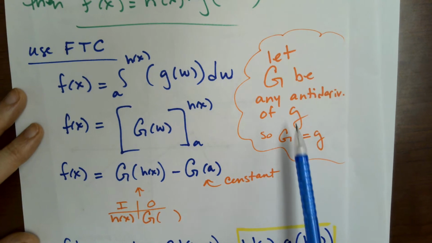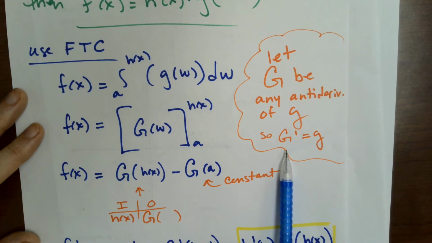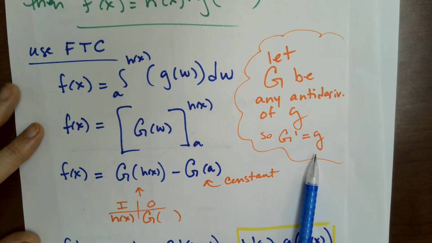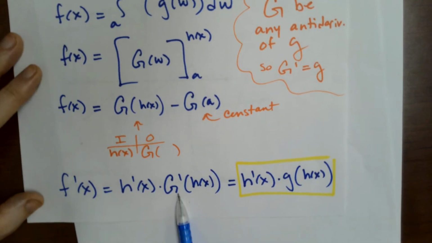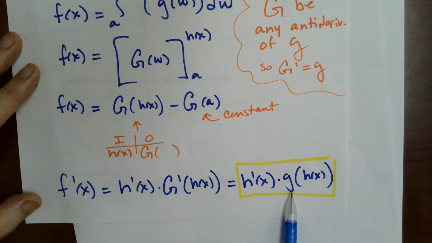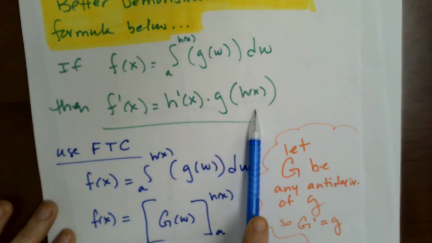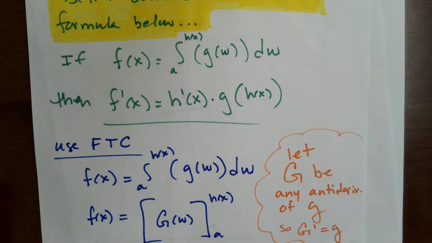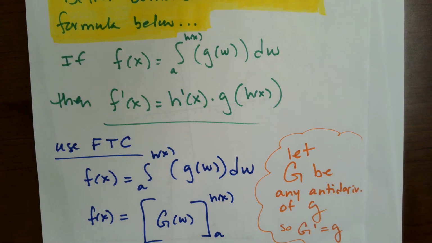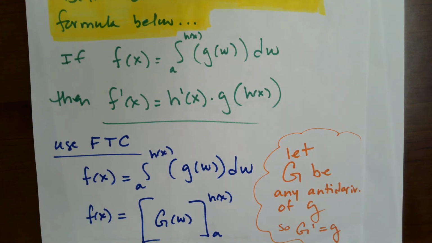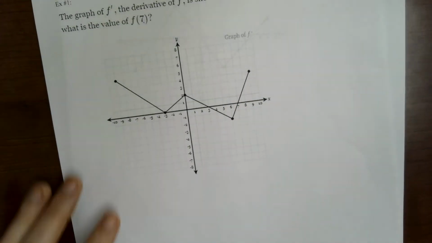So therefore capital G prime is equal to lowercase g. So this G prime here, I just replaced with lowercase g, and there you have this formula. Okay, I think that's a lot nicer way. And even if you forgot this formula, you could figure it out the way that I just did with the fundamental theorem. Okay, so I wasn't happy with the last video, so there's that.